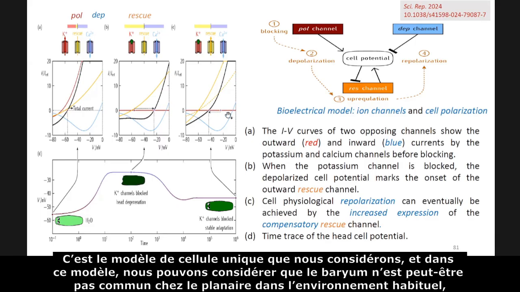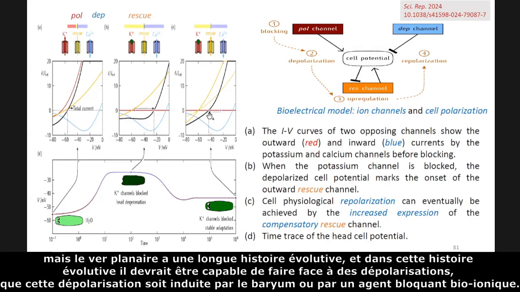This is the single cell model we consider, and in this model maybe we consider that barium is not common to planaria in the usual environment, but the planaria has a long evolutionary history, and in this evolutionary history it should be able to face depolarizations regardless of this depolarization being established by barium or by another blocking agent.